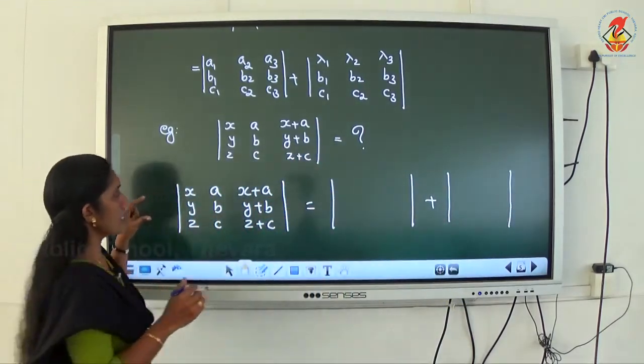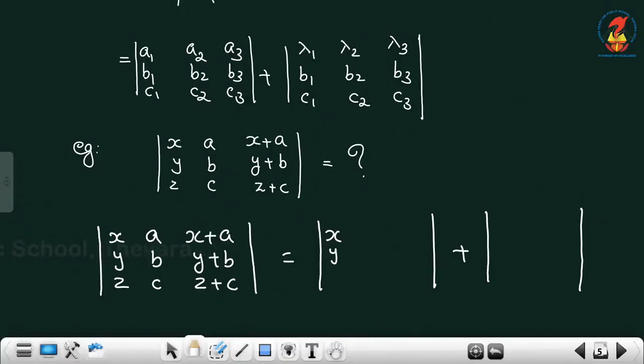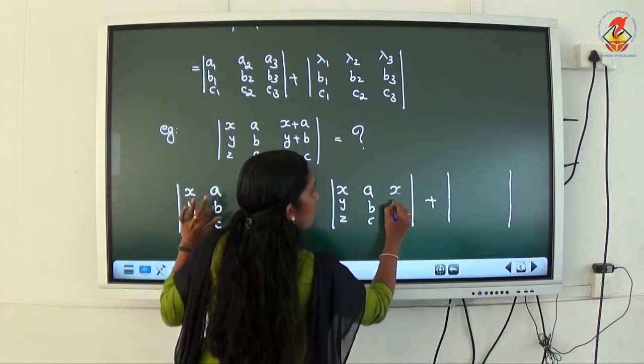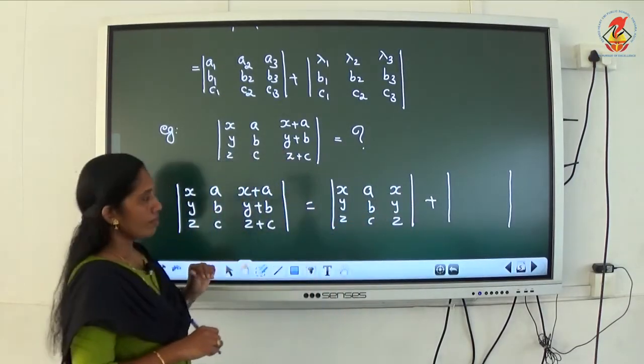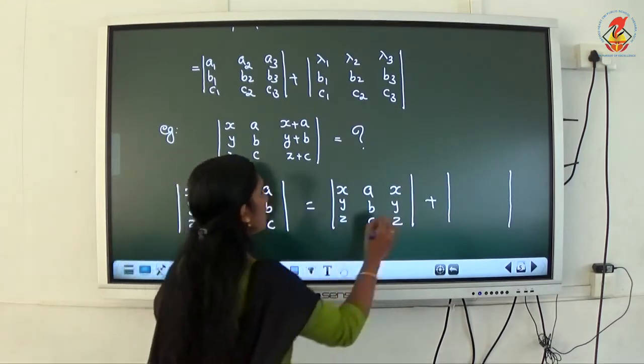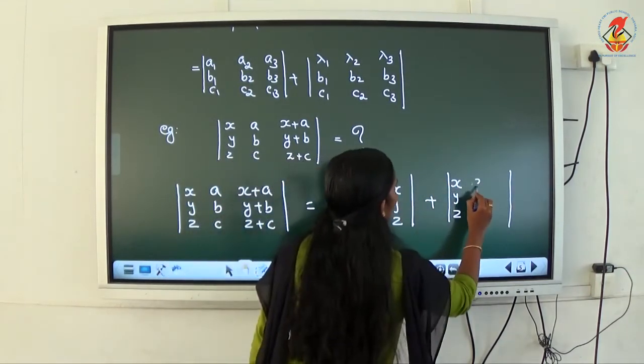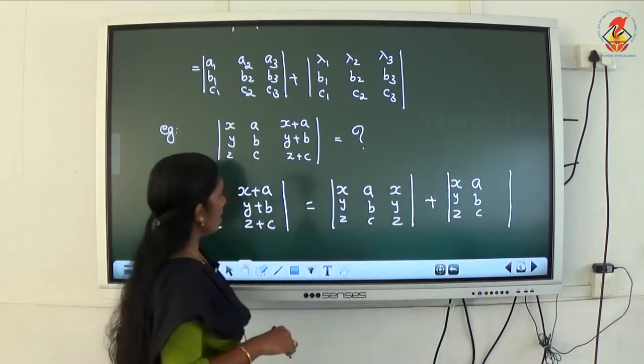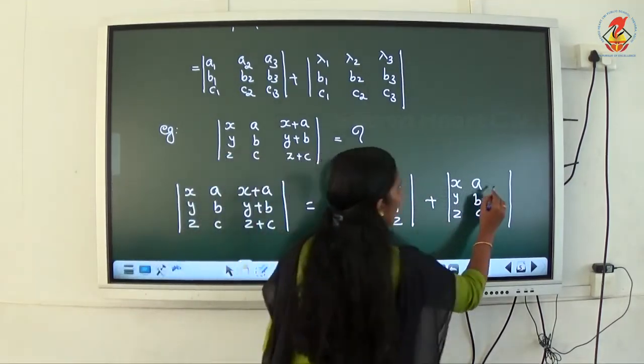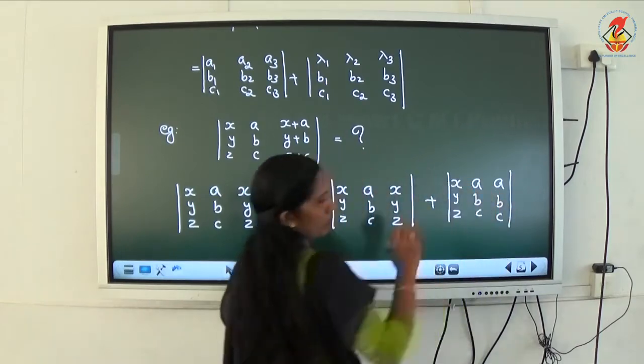Okay. So the first column is x, y, z. The second column is a, b, c. Here you have to split. So in the first determinant it is x, y, z. Then the second determinant x, y, z, a, b, c. And the last column is again a, b, c.